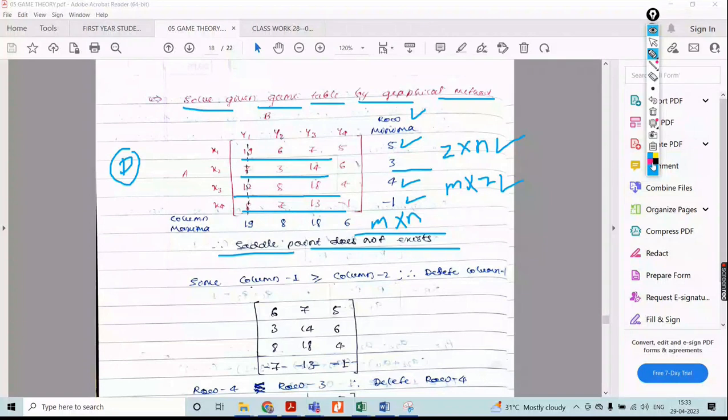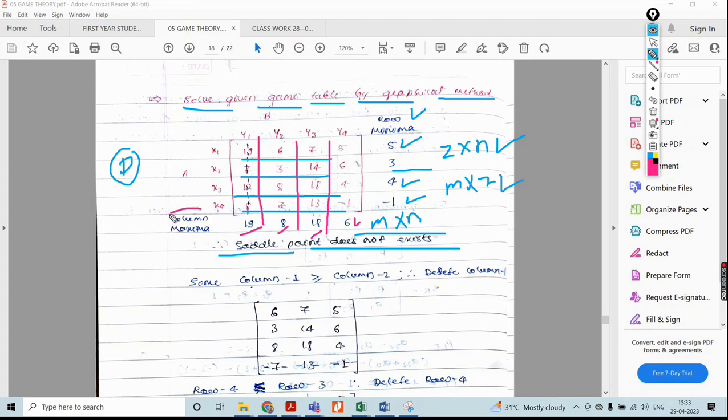Next, identify the column maxima. 19, 7, 12, 8: 19 is the maximum value. Then 6, 3, 8, 7: 8 is highest. Then 7, 14, 18, 13: 18 is highest. Then 5, 6, 4, minus 1: 6 is highest.